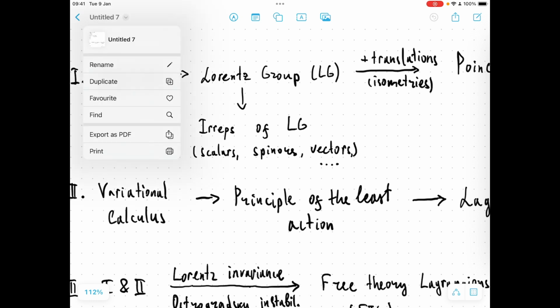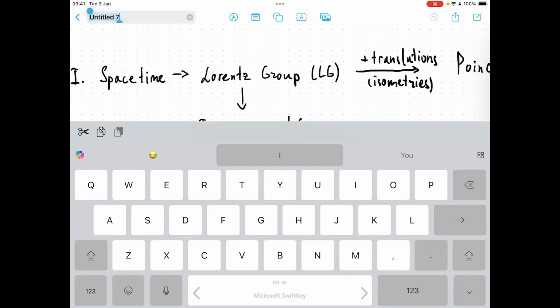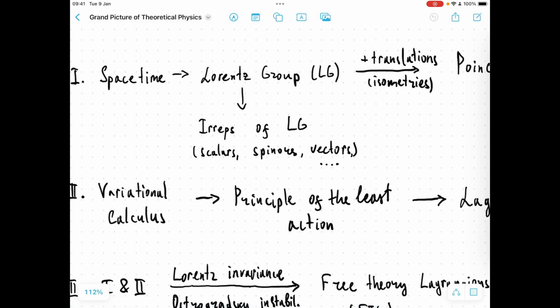Instead of Untitled 7, I can call it the grand scheme picture of theoretical physics. It sounds pretty provocative in some sense. It's not that, I guess, but overall.